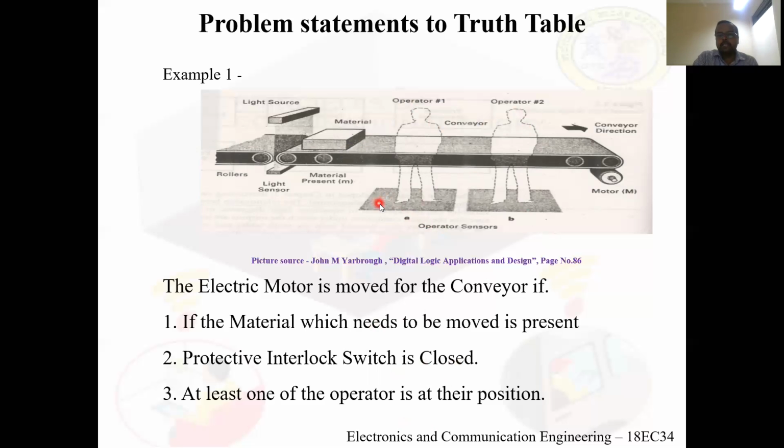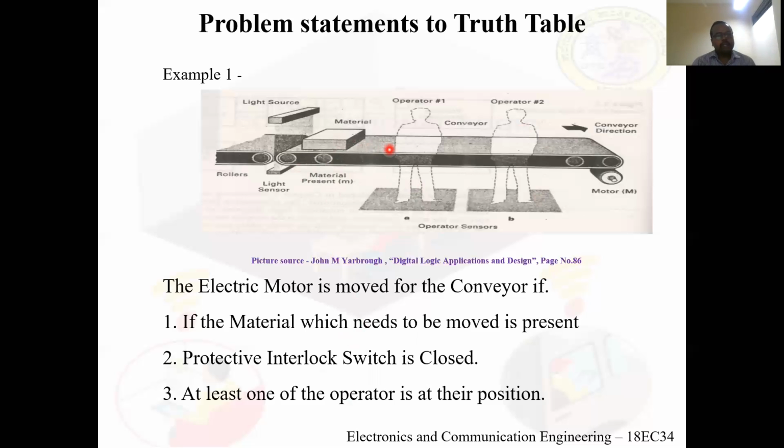It means that at least one of the operators, either operator 1 or operator 2 or both, is present. When these three conditions are on, only then the electric motor for the conveyor has to be started. When the motor is started, only then the material you place on the belt will move forward. These are the conditions we have.